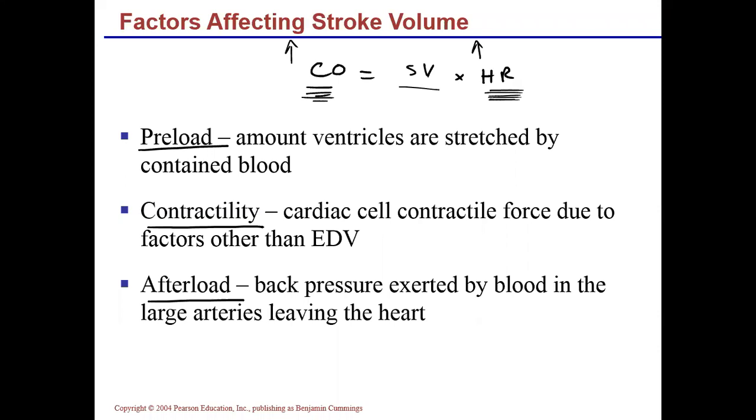There is a back pressure exerted by the blood in the large arteries, such as the aorta, as the blood is leaving the heart. And that is called afterload. So let's go ahead and take a look at these one by one, see if we can make sense of it, and then we can have an understanding of what's going on. Okay.